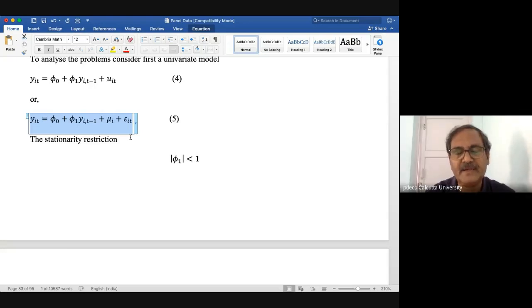Then find out yi3. So yi3 will be equal to phi naught plus phi 1 yi2 plus mu I plus epsilon I3.